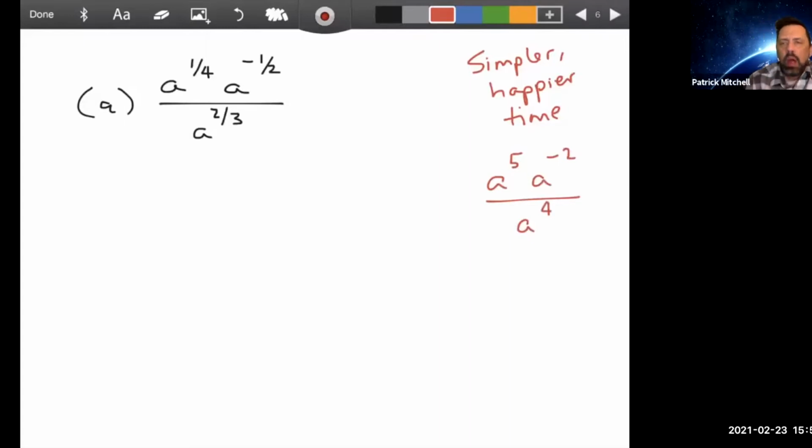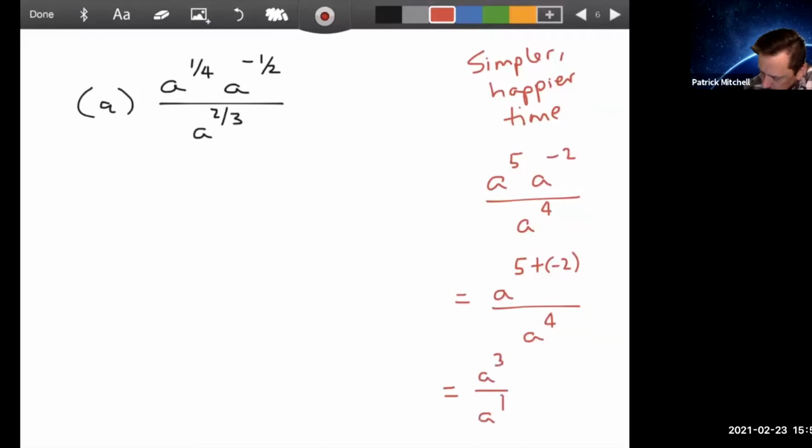Okay. All right, so what would we do with that? Well, one thing we could do is we could add the exponents on top. Now, why don't we just go ahead and do this problem as a warm-up? So we could say 5 plus negative 2. 5 plus negative 2 is 3.